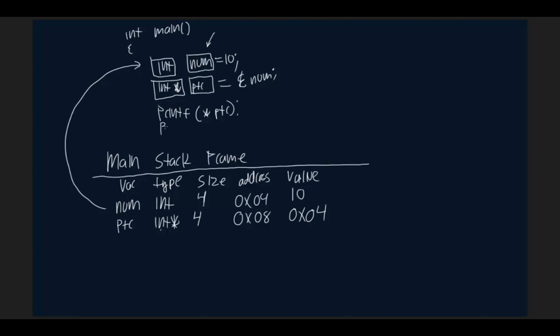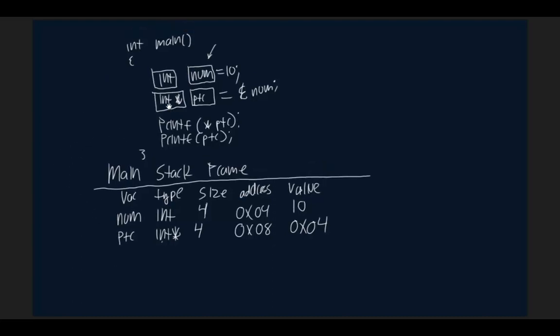Then I'm going to say printf ptr. Can anyone tell me what the value of this, or the output of this program will be? What will the output be of these two print statements?